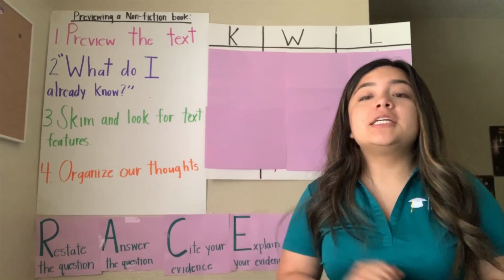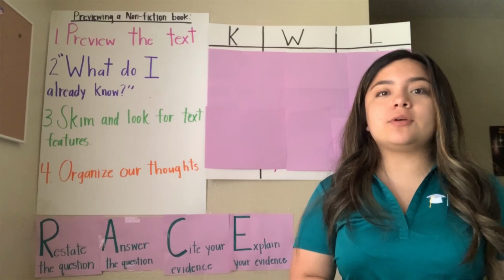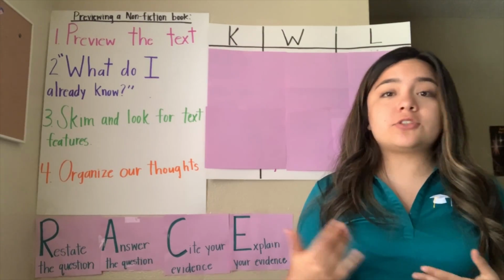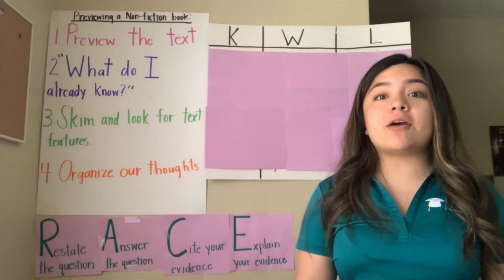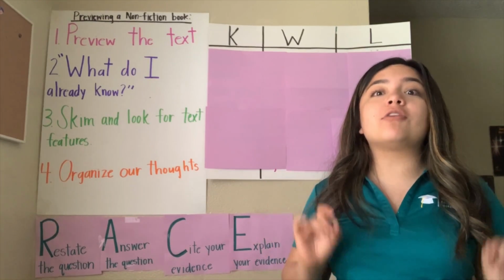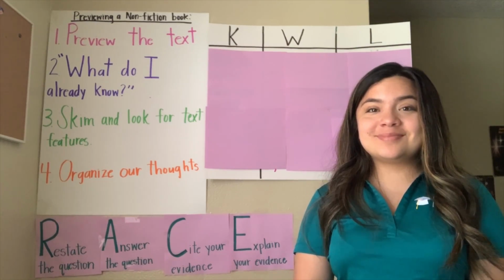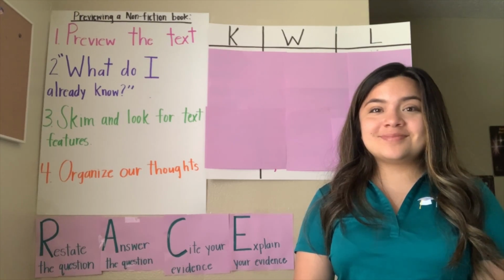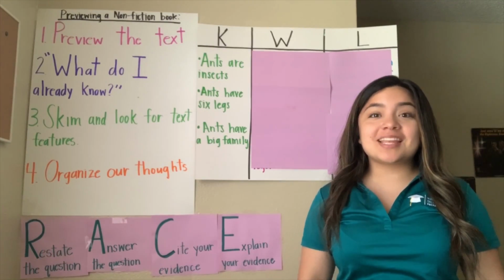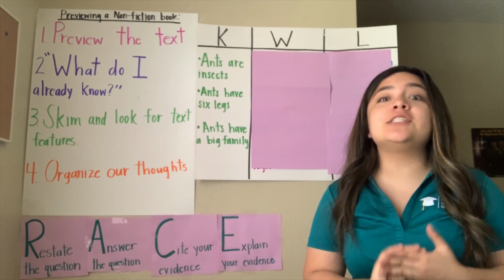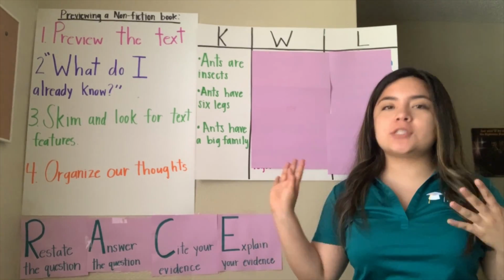Okay, awesome. So right now, even though some of you may have written down your answers or did not, I want you to go ahead and shout out what you already know about ants. Wow, scholars, you know so much about ants. I'm so impressed.